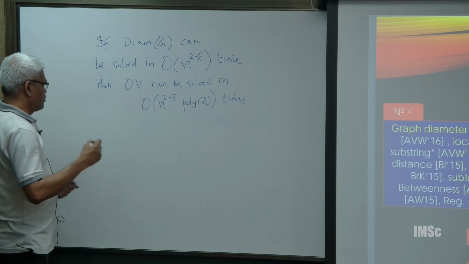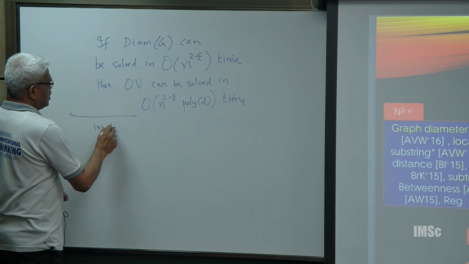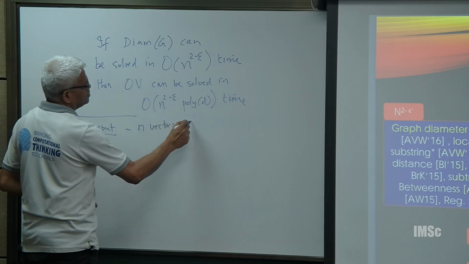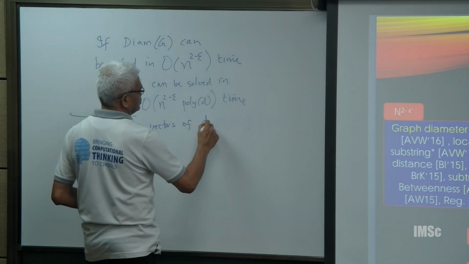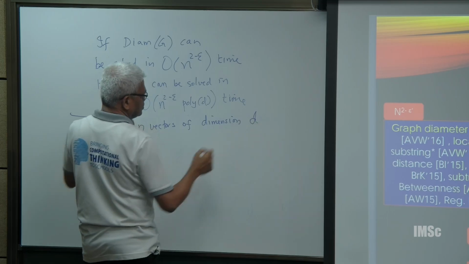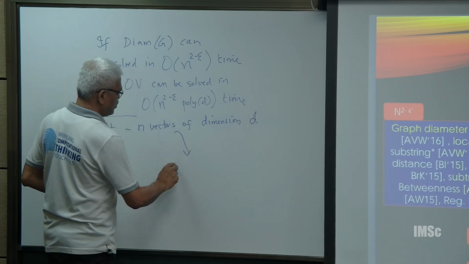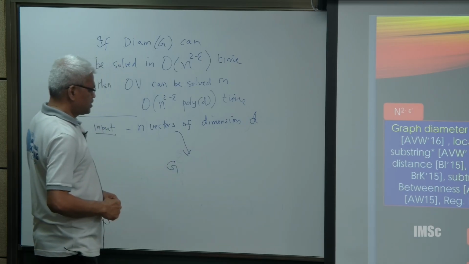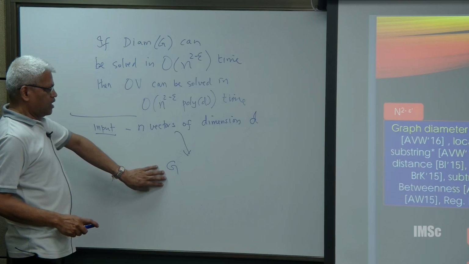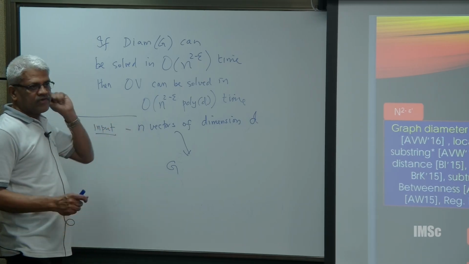Okay. So, what is given? We have input some n vectors and we want to construct a graph such that somehow finding the diameter of the graph corresponds to existence of orthogonal vectors here.